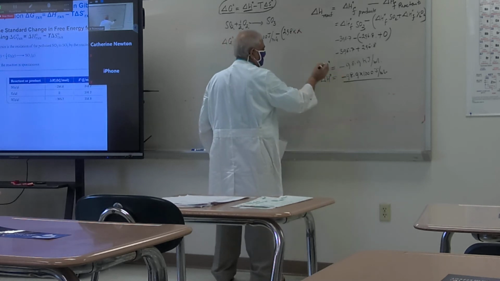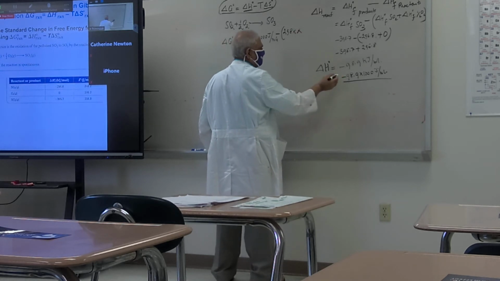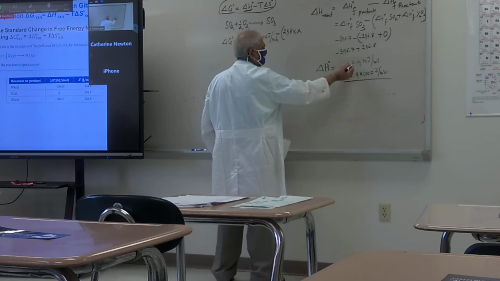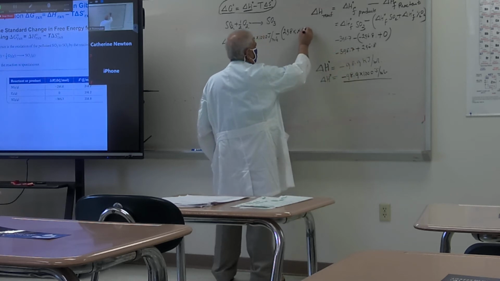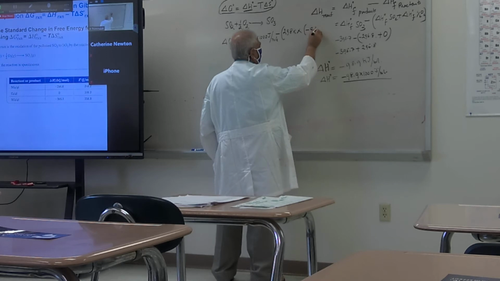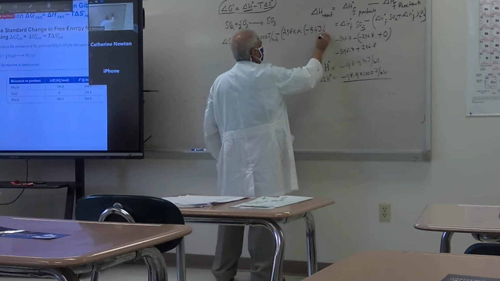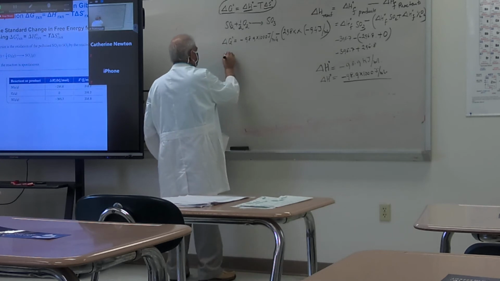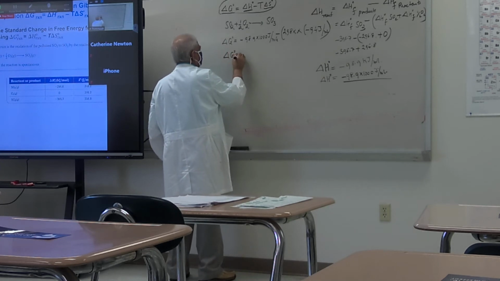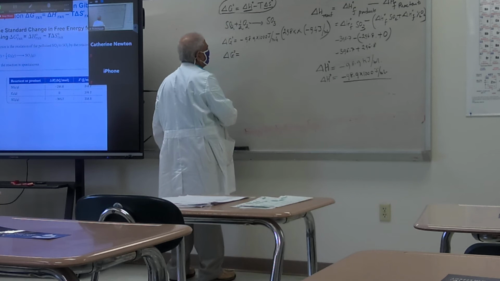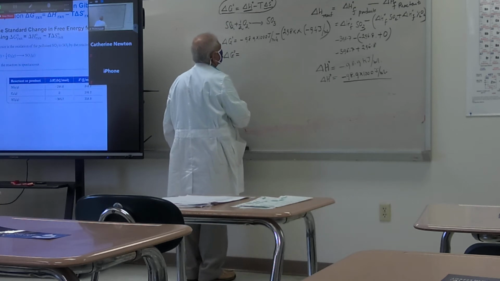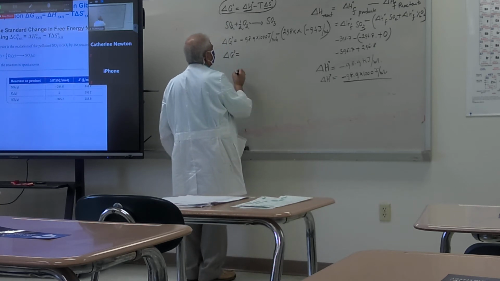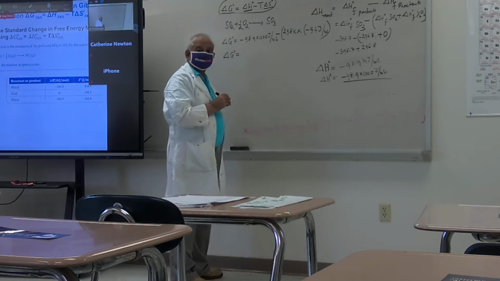Times negative 94. Is it negative 94? Okay, joules. Okay, now simplify this. Delta G0 equals how much?